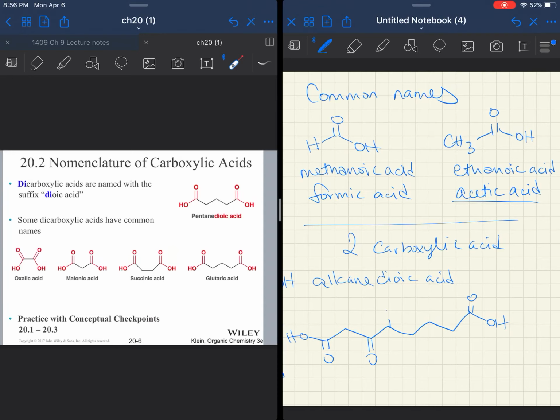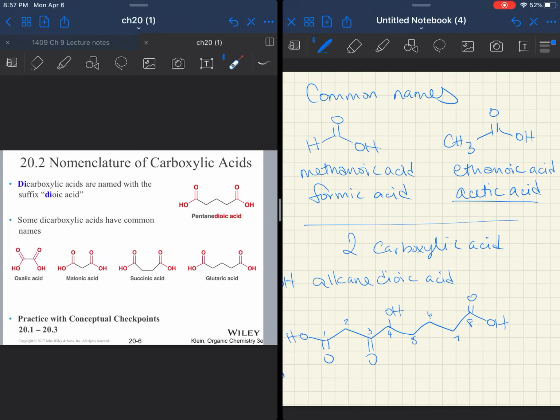Let's pick, off the top of my head, dioic acid here. And then let's put a couple of different things in here. All right, we have a few functional groups. Carboxylic acids are highest priority, so that gives us the parent. Now, I could number from the left or the right, and I'm going to have my carboxylic acids on the end.